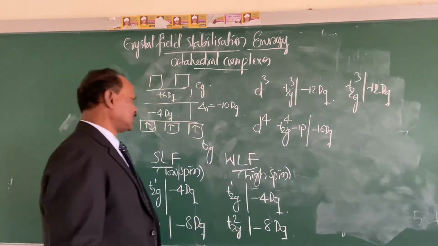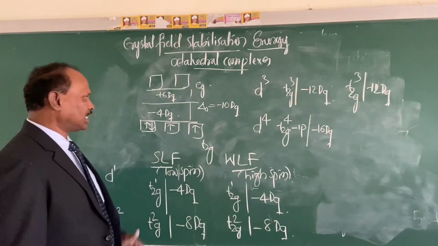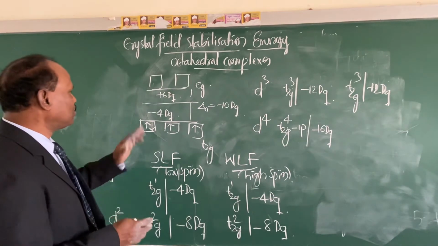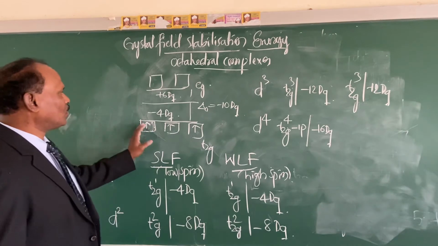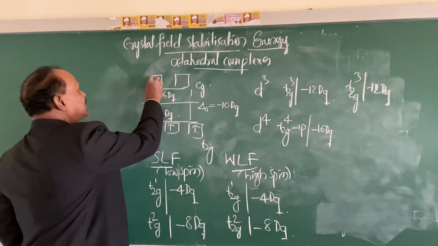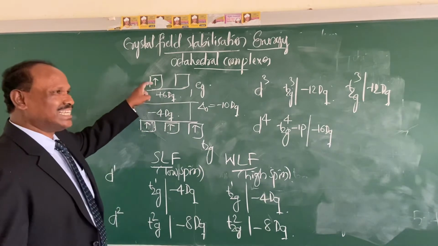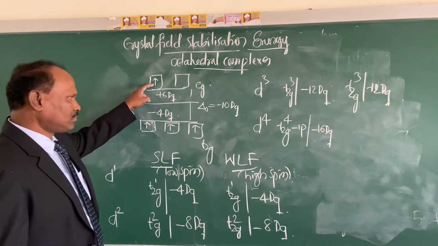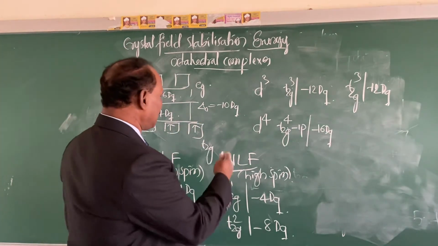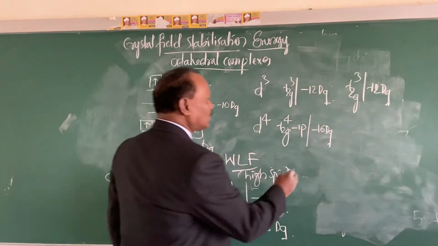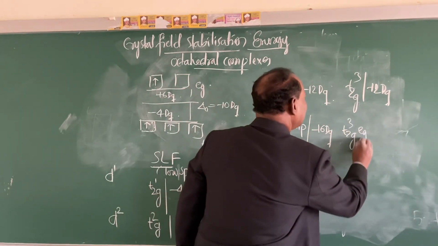Now, for a weak ligand field, let us see how the distribution becomes. In the weak ligand field, the fourth electron goes to the eg energy level. So the configuration for a weak ligand field is t2g3 eg1.